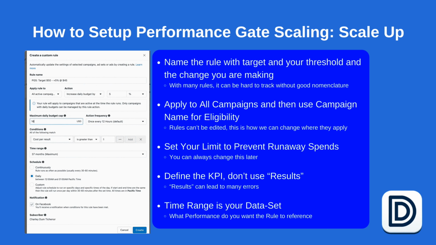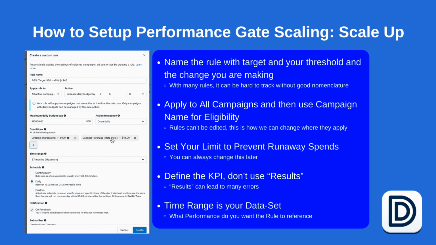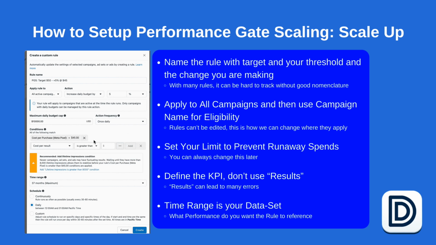So instead of trying to say only apply to this ad or this ad set or this campaign, we're going to apply it to everything and then use the campaign name to make something eligible or ineligible for that rule. That way that same business rule gets applied to everything universally and we don't have to do the work ever again. And isn't that really what it's all about?